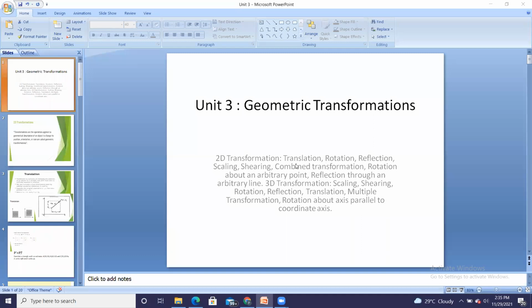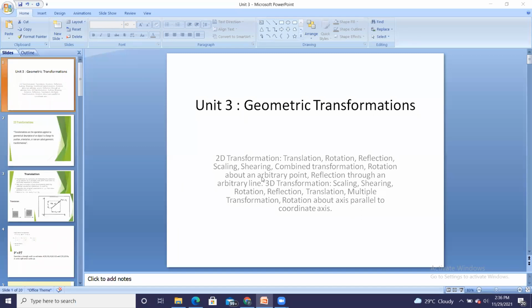If I want to perform 3 operations on the same triangle, we call it a combined transformation. Then we are going to see rotation about an arbitrary point and reflection through an arbitrary line. These are with respect to 2-dimensional entities.